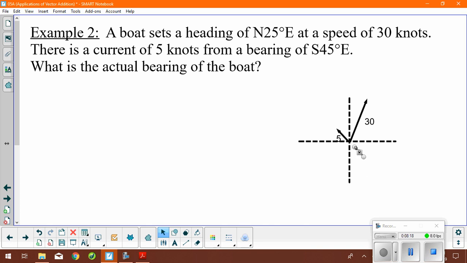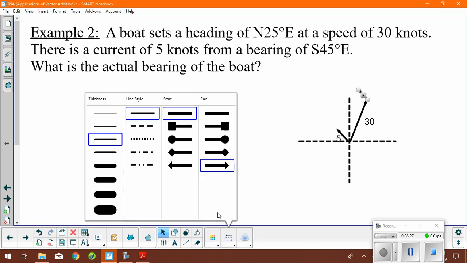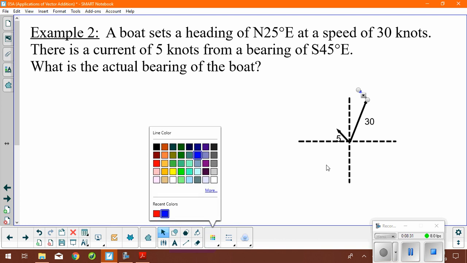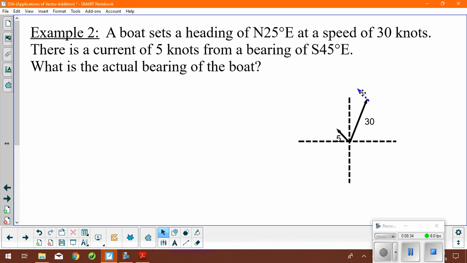So I'm just going to copy this one up here. And my resultant is going to come from the center up to there.